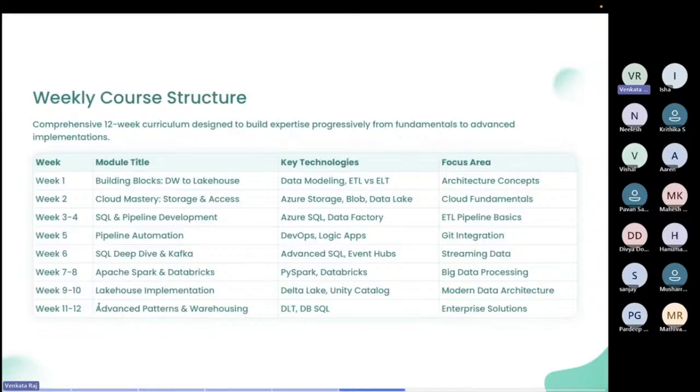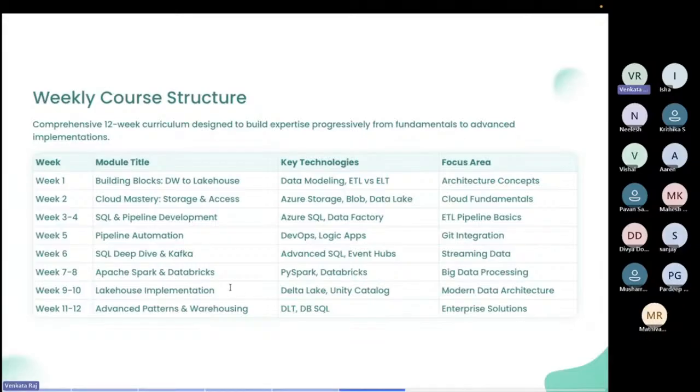In weeks 11 to 12, I have also included some admin level, access level, or permission level details. And I have also included the warehousing concepts within Databricks, so you also have a perspective of how an analyst uses warehousing. The DB SQL that you see here is Databricks SQL, which is generally used by analysts.